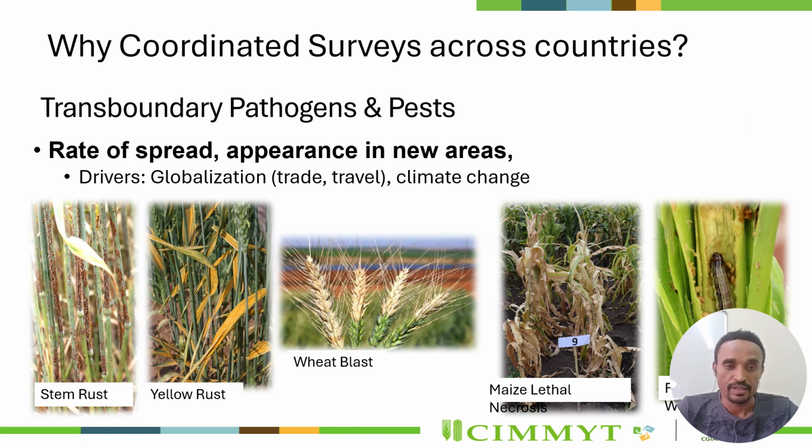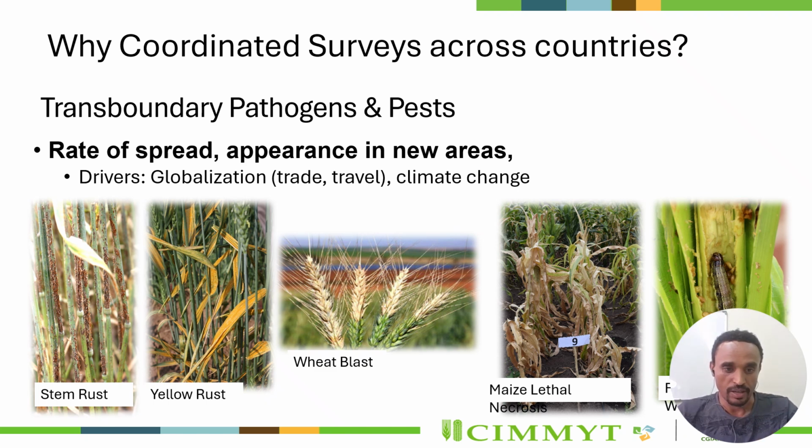With the current drivers of spread, like trade, travel, movement of people, and climate change, many pests are now crossing human-made boundaries and going to other places. For this reason, we need a coordinated effort when it comes to pest surveys.